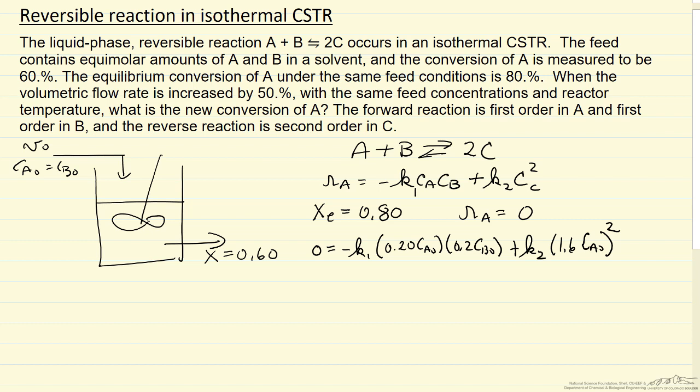And so we can just simplify this equation. Let me pause and do that. So we know the rate constant for the forward reaction is 64 times the rate constant for the reverse reaction.